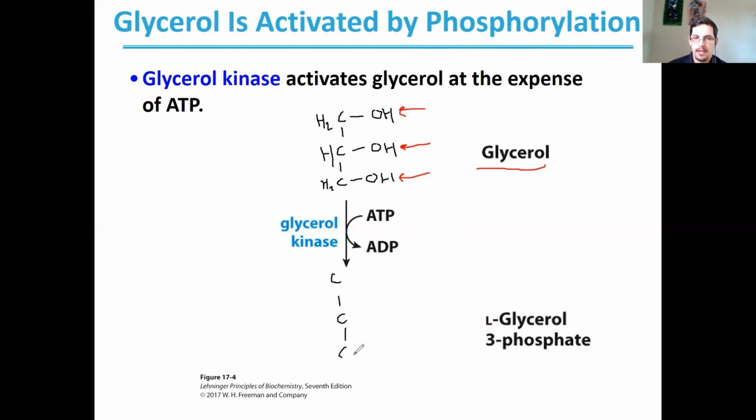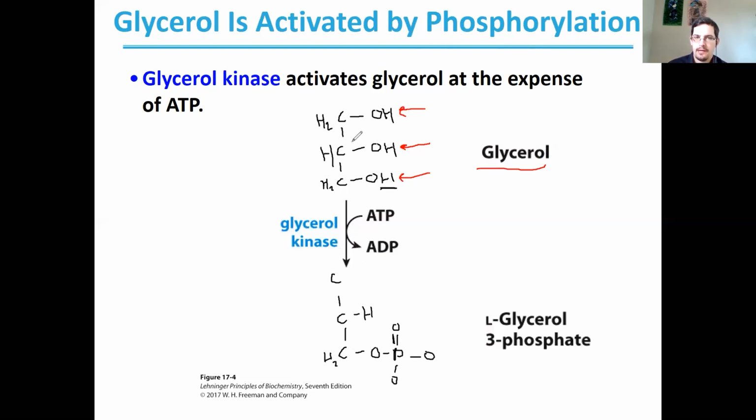So once we add our phosphate at the 3rd position, so we attach it to our hydroxyl group at the 3rd position, and that now makes our glycerol chiral.